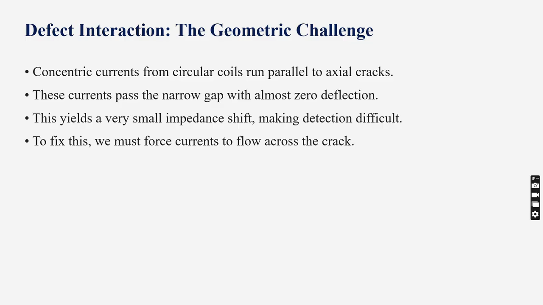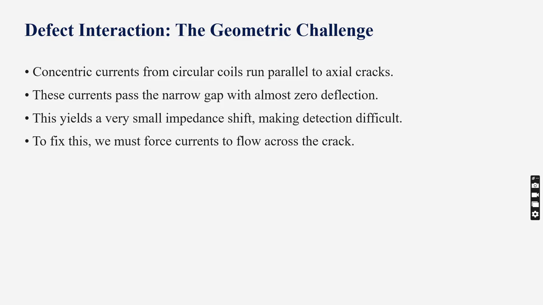Now let us examine the geometric interaction between the induced current and the defect. Standard ECT probes use circular coils that induce concentric current loops. When scanning for an axial crack, these current loops run parallel to the defect boundary at a key location.